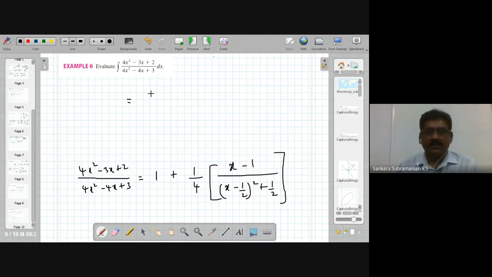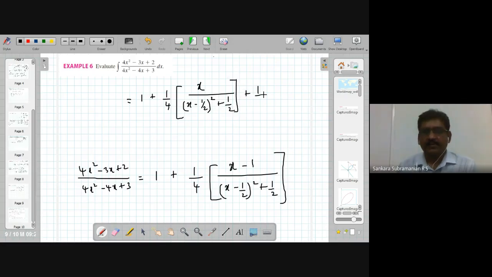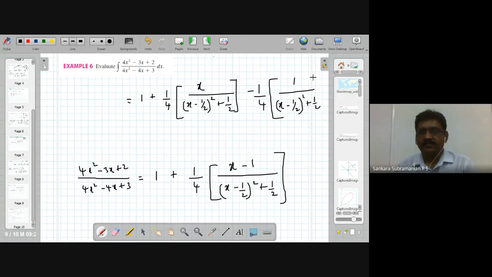This is equal to 1 plus 1 by 4 அப்புறம் இந்த இடத்துல வந்து x by this is x minus 1 by 2 the whole square plus 1 by 2 ஒரு term, அப்புறம் திருப்பியும் minus 1 by 4, because you have minus sign into 1 by this is x minus 1 by 2 the whole square plus 1 by 2. Then you can go for integration.